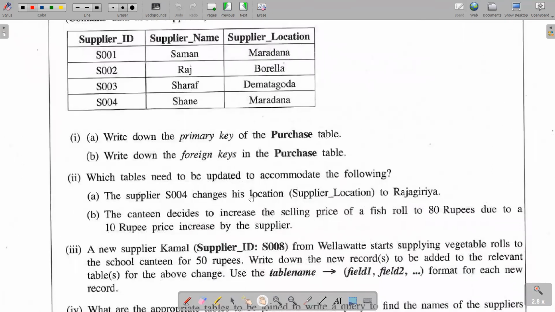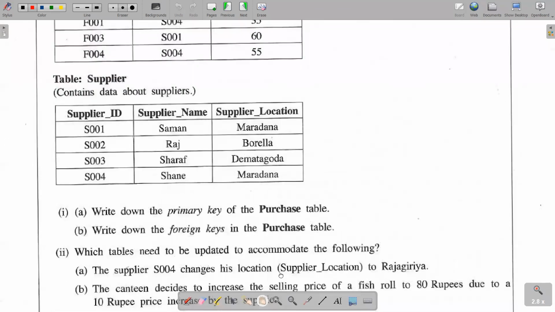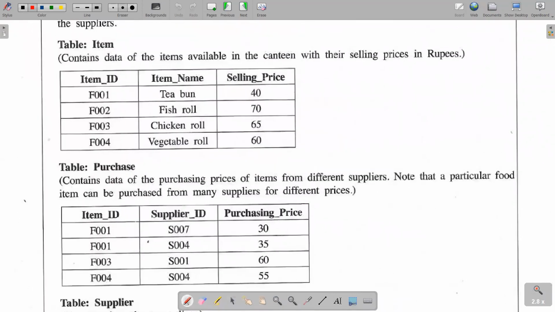So the first question: write down the primary key of the purchase table. Okay. So we take the purchase table. Item ID cannot be taken alone, being repeated. Supply ID cannot be taken alone, repeated.